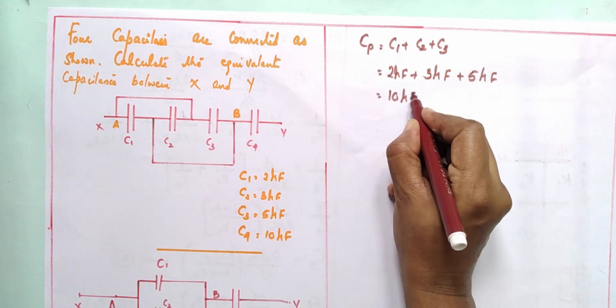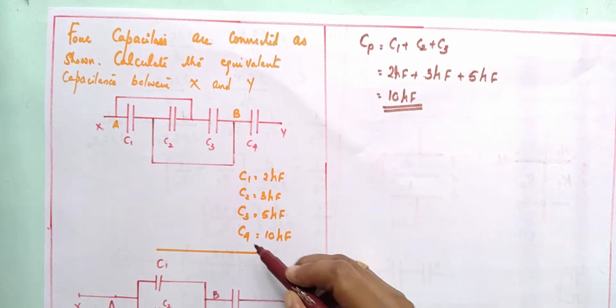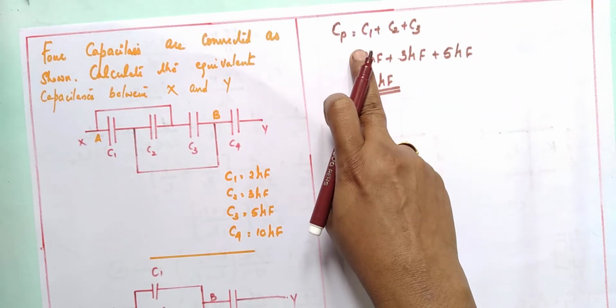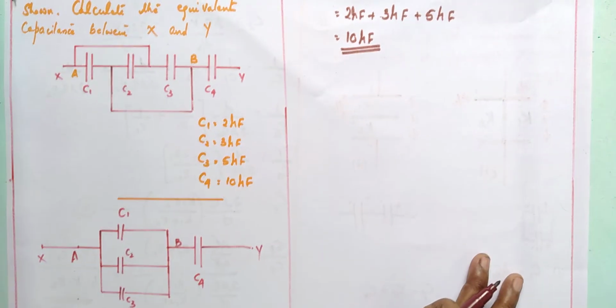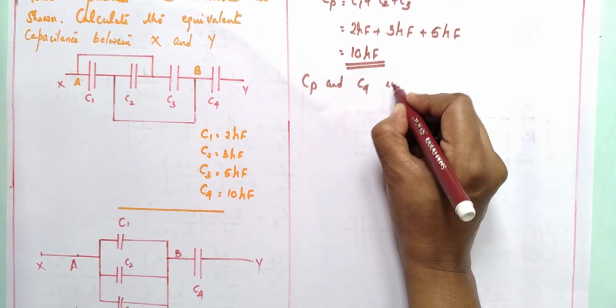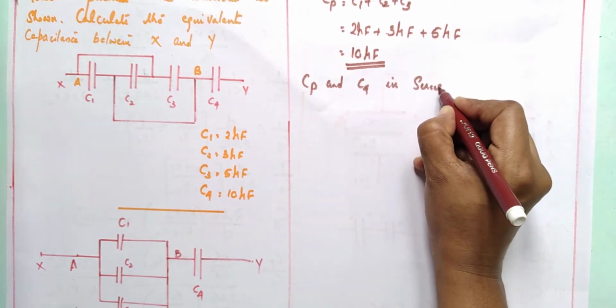So, 10 microfarad. The equivalent capacitor of C1, C2 and C3 is called Cp, and that Cp and C4 are connected in series, right. So, Cp and C4 in series.